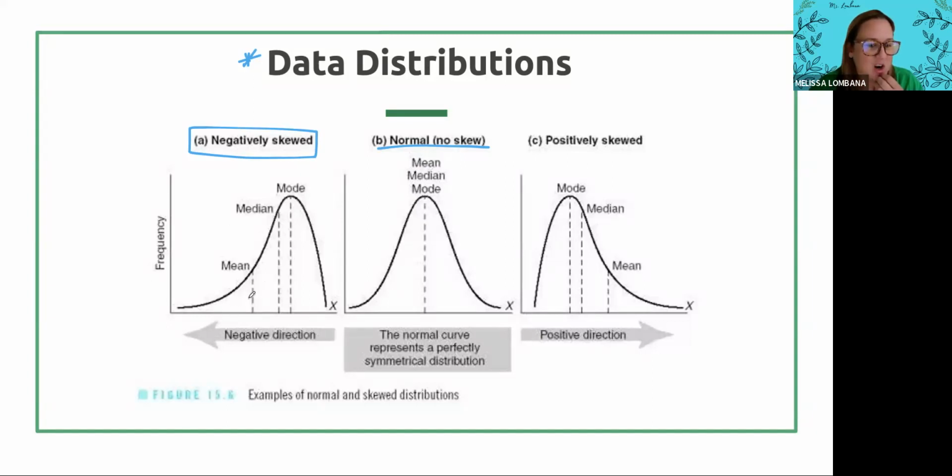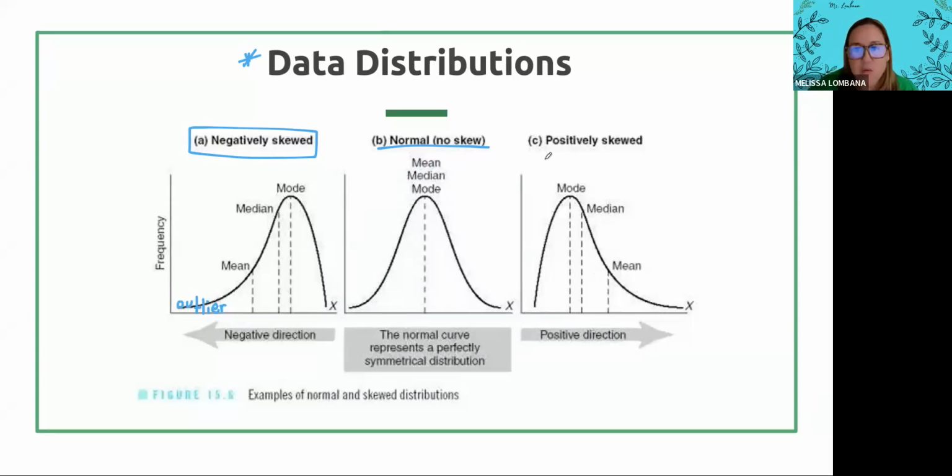That means that there are higher scores than lower scores, right? So as a teacher, looking at your graphs, I want to see more of this, more higher scores than lower scores. The outliers are over here. That means they messed up my data to look like this, that's why it's skewed.